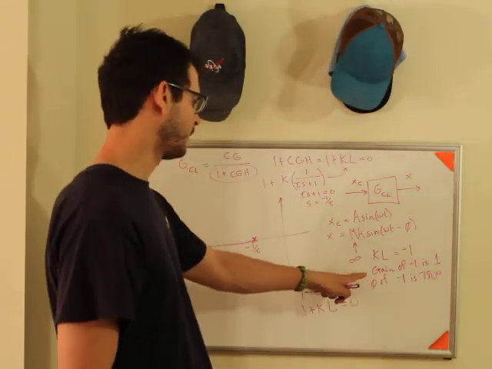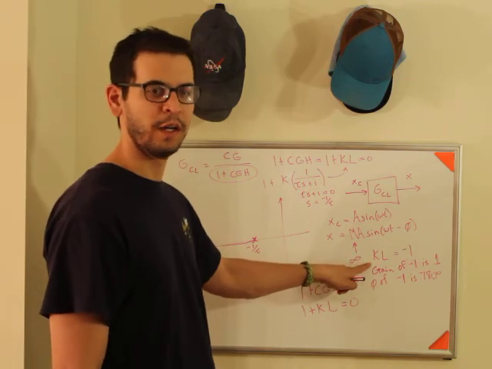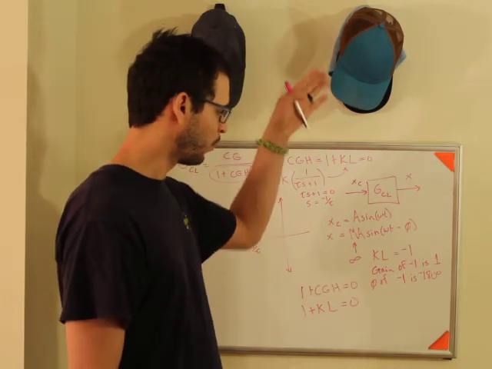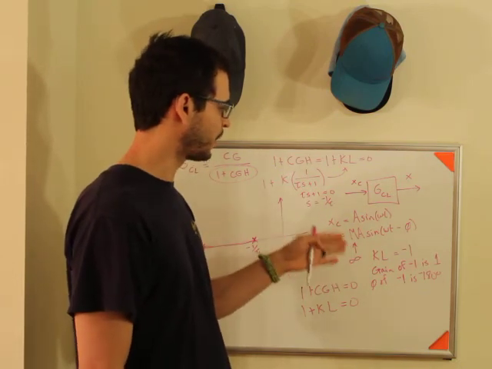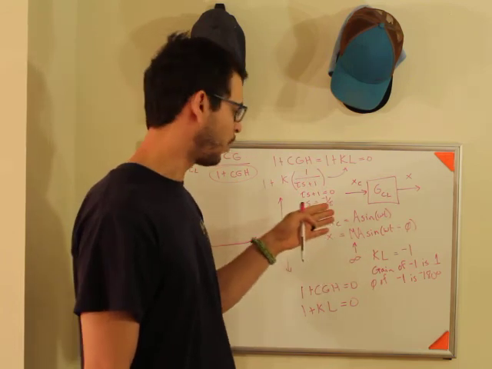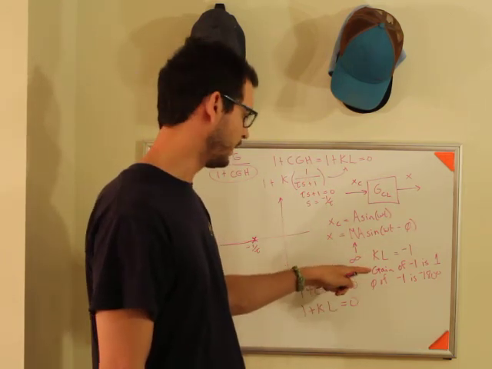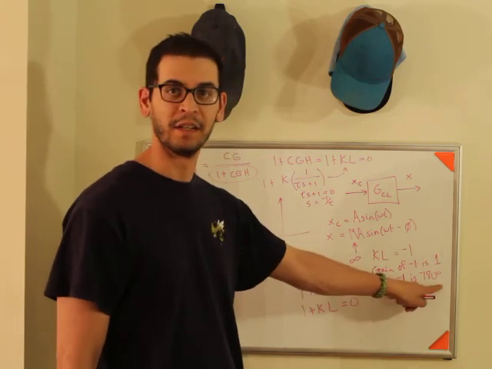In that case, our Bode plot can show us, because we're looking at frequency now, at what frequency our system goes unstable, okay? And the instability that we're looking for is a gain of 1 and a phase of minus 180.